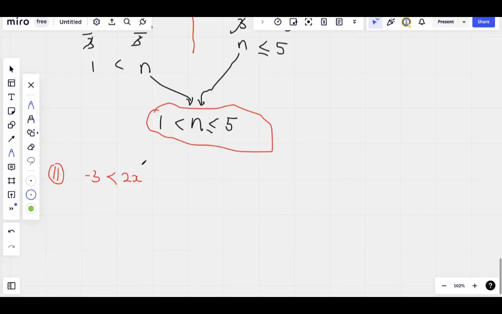Question number 11. This is similar to the one we've just concluded. This is very similar.